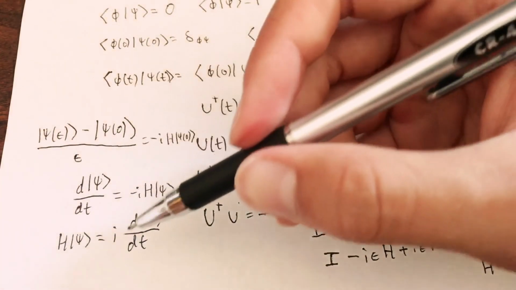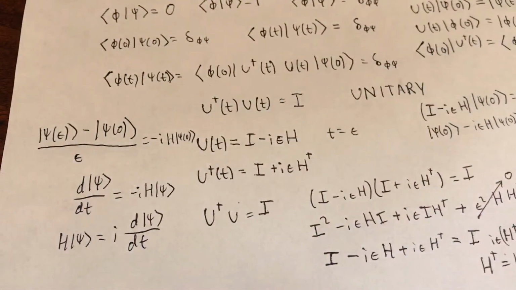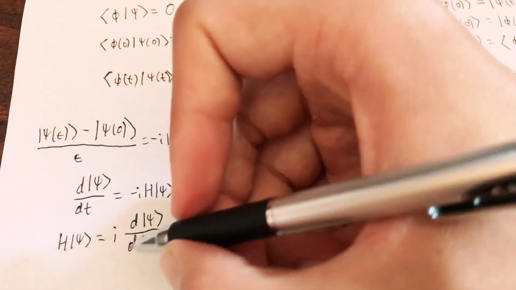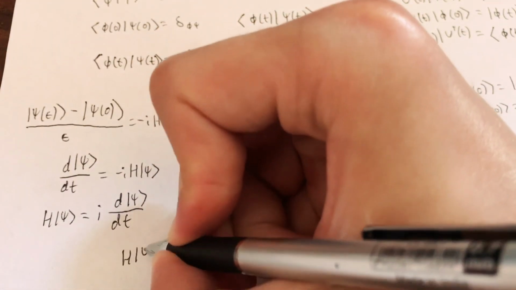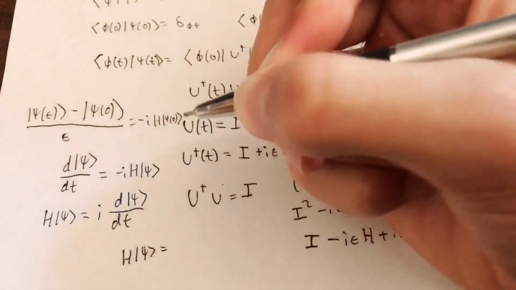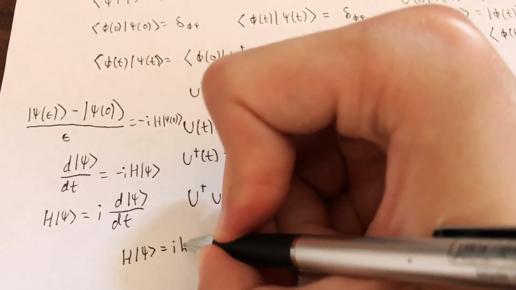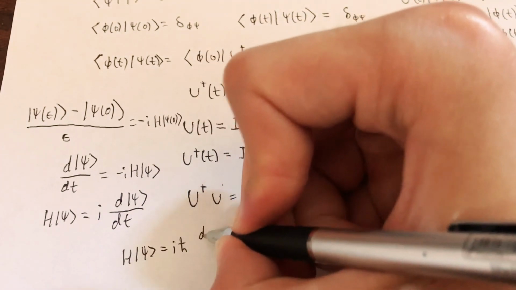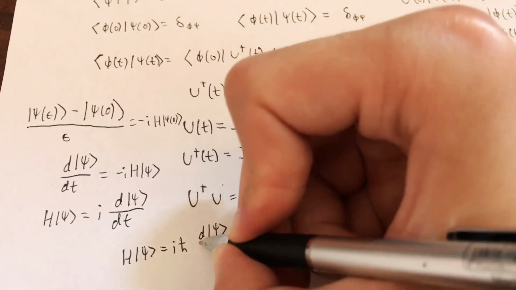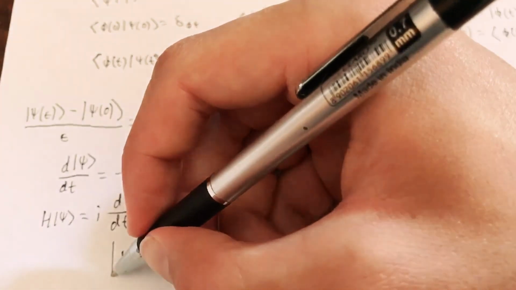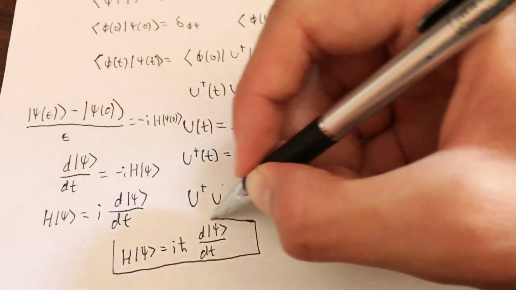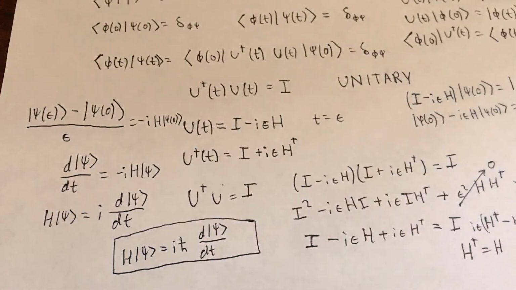Now, if we factor in a factor of h bar in order to make the dimensions work out, the units, we find H of psi is equal to i h bar d psi dt, which is, in fact, the time-dependent Schrödinger equation.